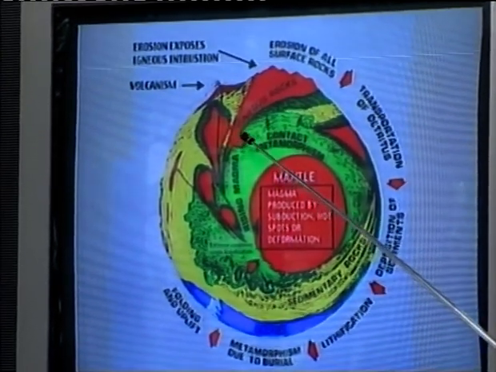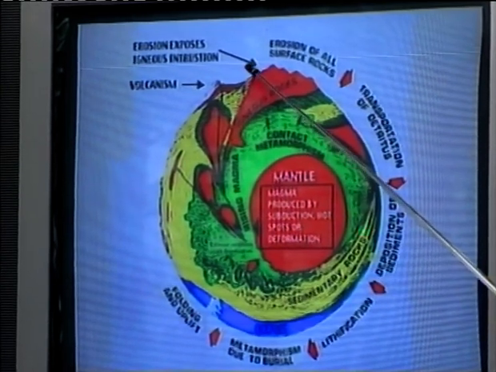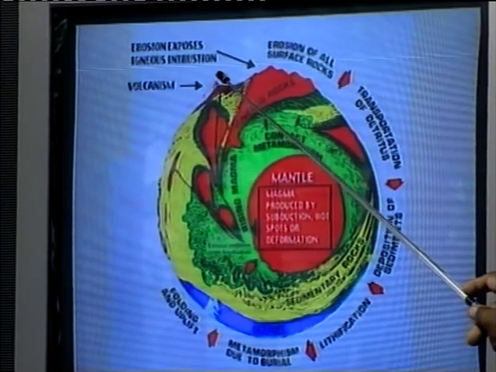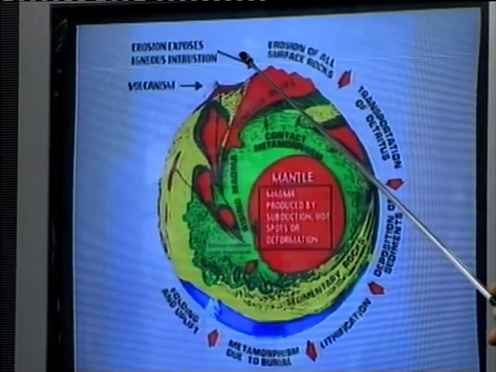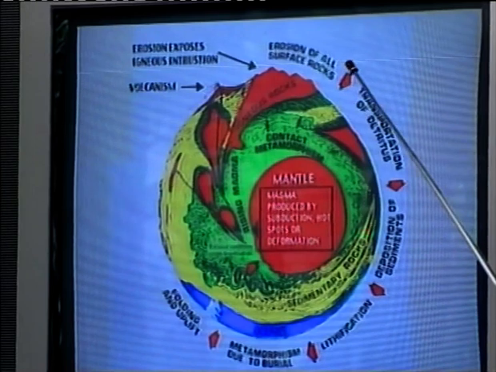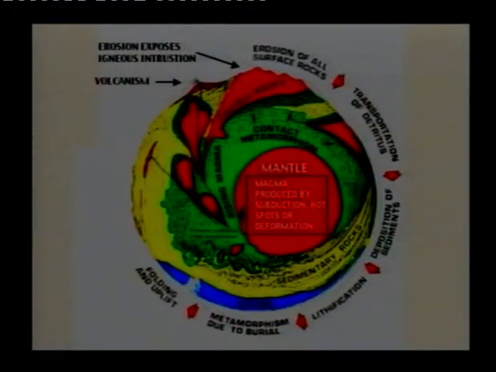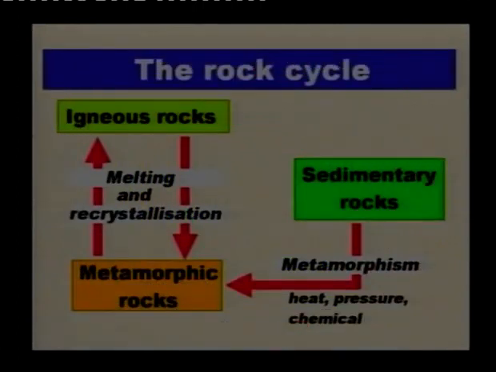Volcanism is an example that can also aid in the uplifting of those rocks which have been buried. And then those that come up to the surface as a result of uplift go through the process of erosion again, and the cycle continues. Okay, that's what we have looked at. Let's look at another sample, a different way in which we can present the same information.